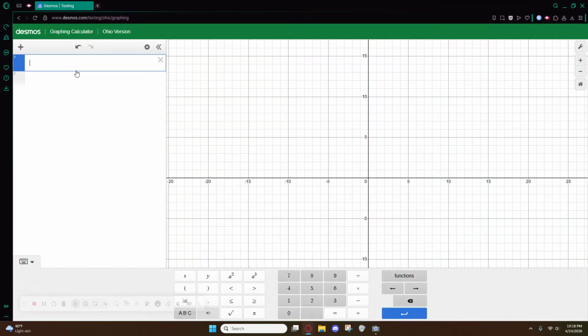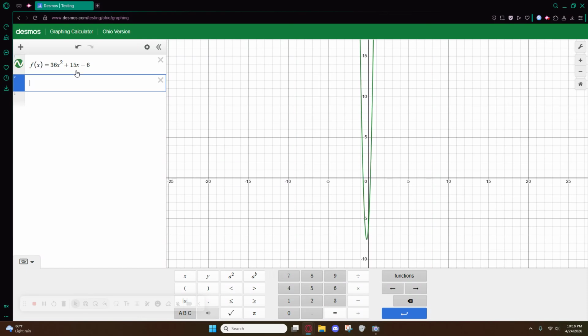We take it, we put it in the Desmos. F of x equals 36x squared plus 15x minus 6. And then we put in each choice one at a time to see which one overlays it perfectly.